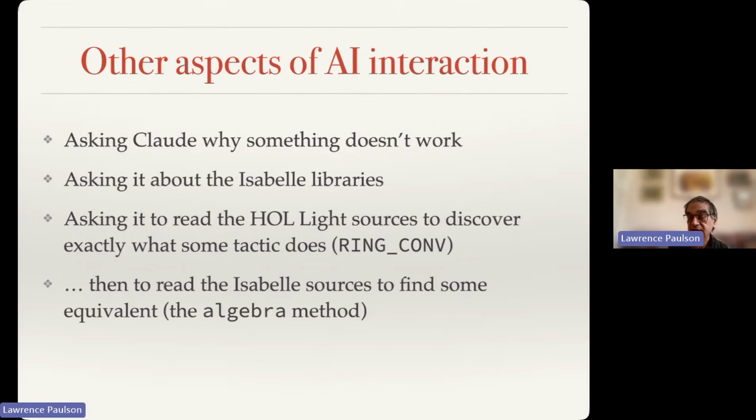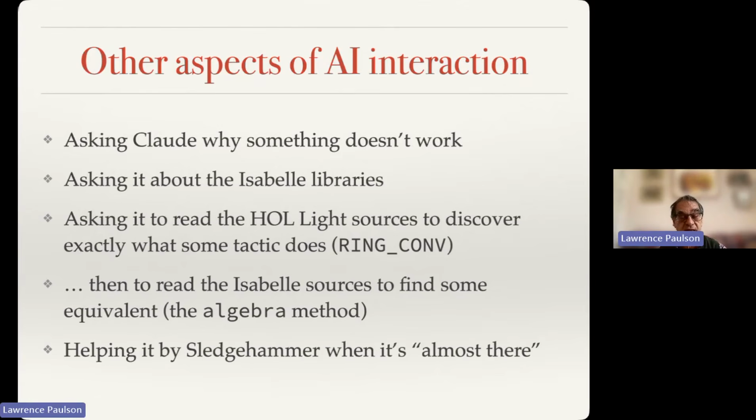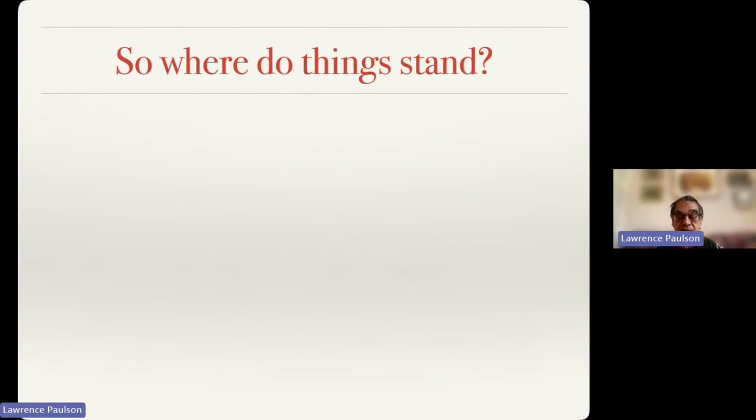And it could say, oh yeah, there is. It's called algebra. It does the same thing. This is like having an amazingly competent assistant by your side. And as I mentioned earlier, when I can see it's almost proved a thing and it's somehow stuck, I go in myself while it's running and complete some proofs using Sledgehammer and help it along.